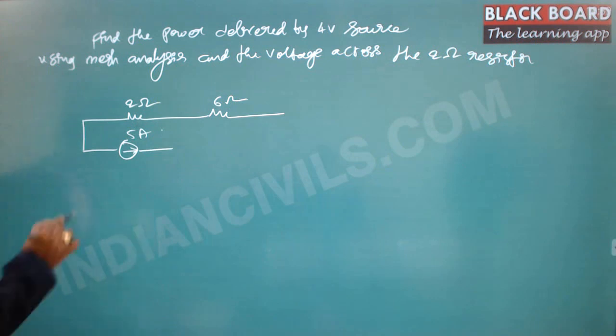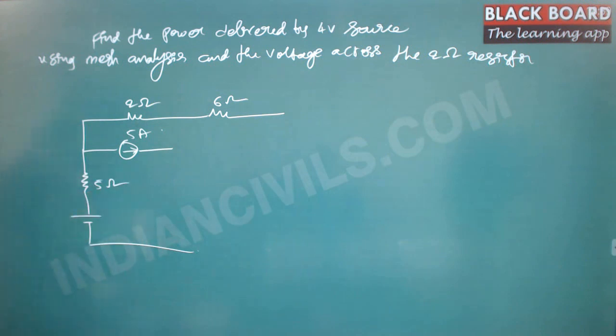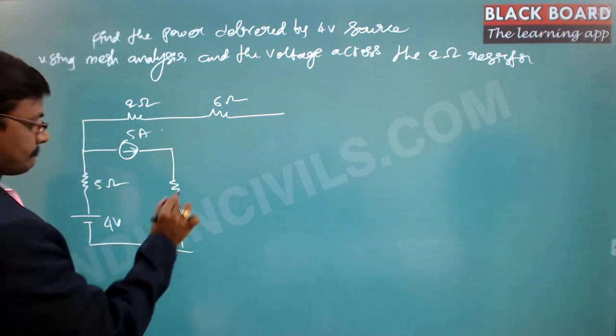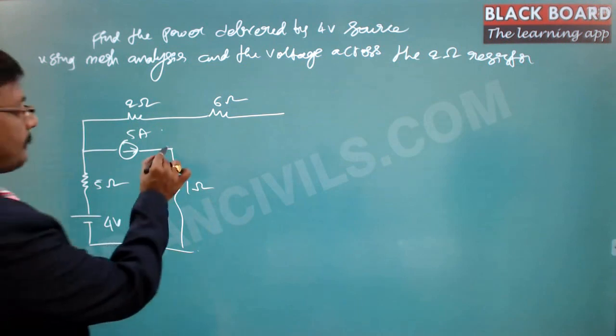And there is a resistance of 5 ohms. Four volts. So there is a resistance of 1 ohm. So there is a 4 ohms resistance here.